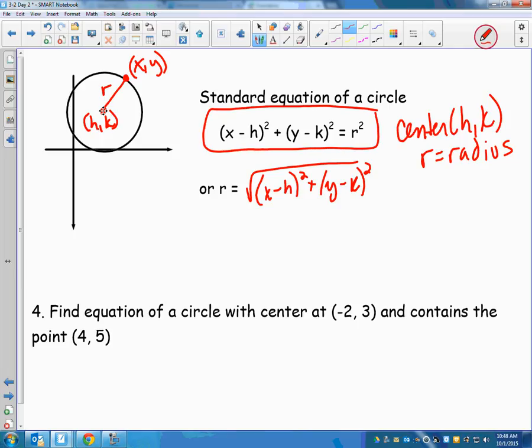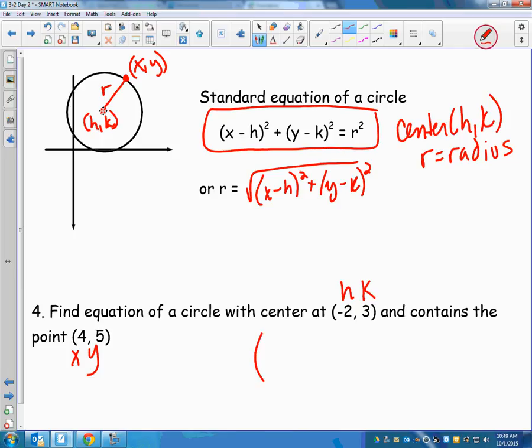So if they give me the center, that's my h and my k. They give me a point, that's my x and my y. I can just plug that in and solve for r. You can use either one of those equations to solve for r, and then you'll go back and write your equation. Don't subtract from them, that happens a lot. I tend to work with the top one.